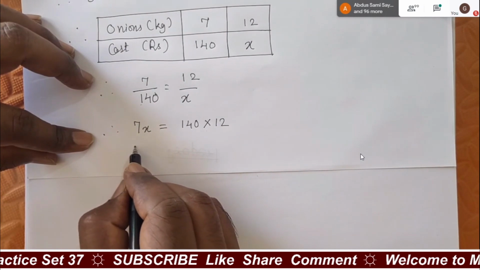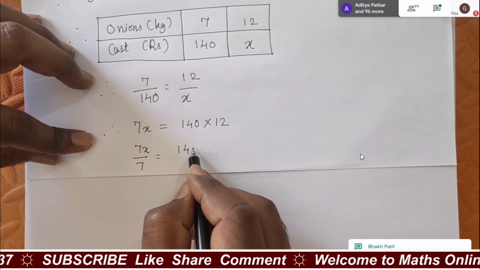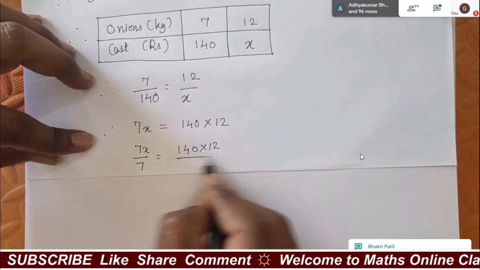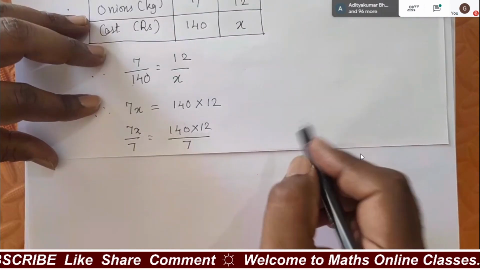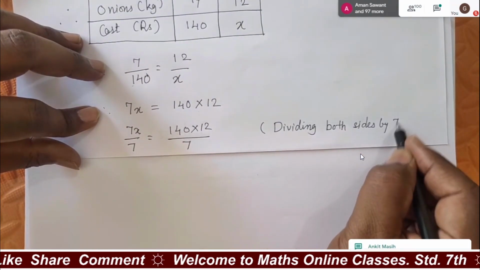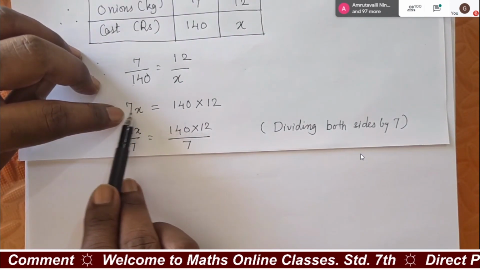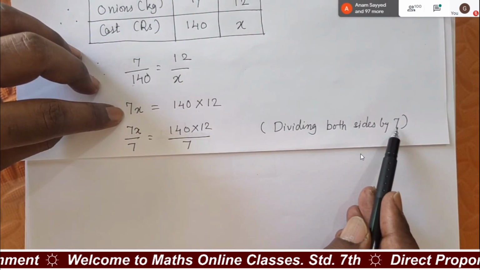So write down 7x upon 7 equals 140 into 12 upon 7. We have to write here, dividing both sides by 7. Whatever number is next to the x, we have to divide by that number.